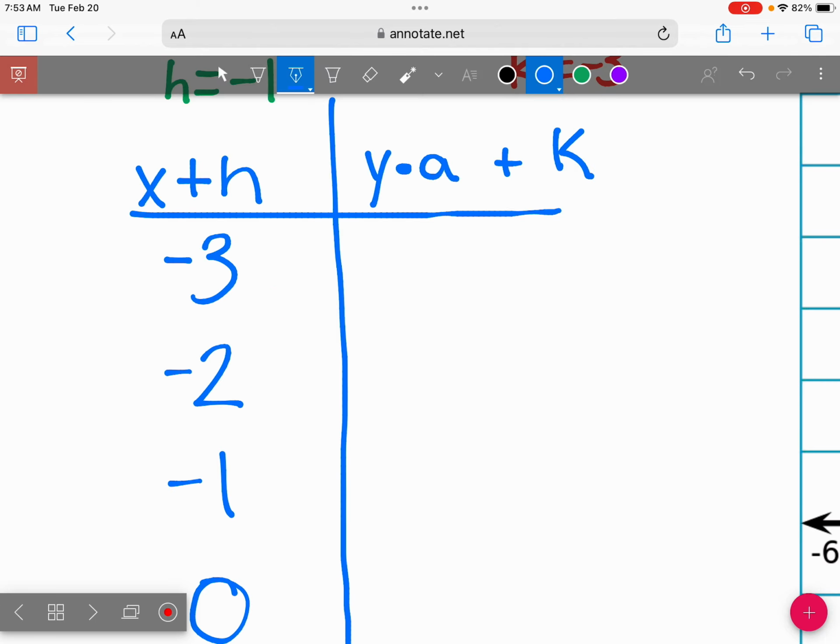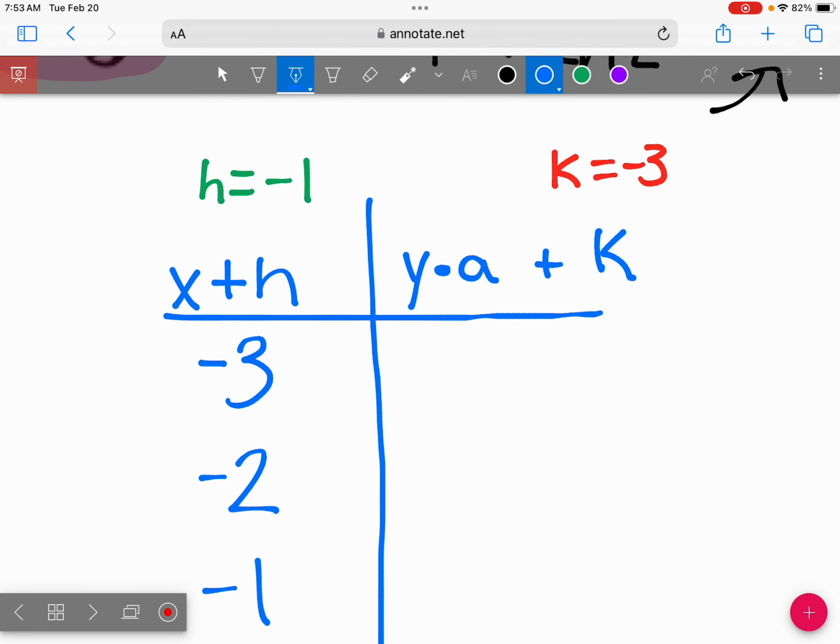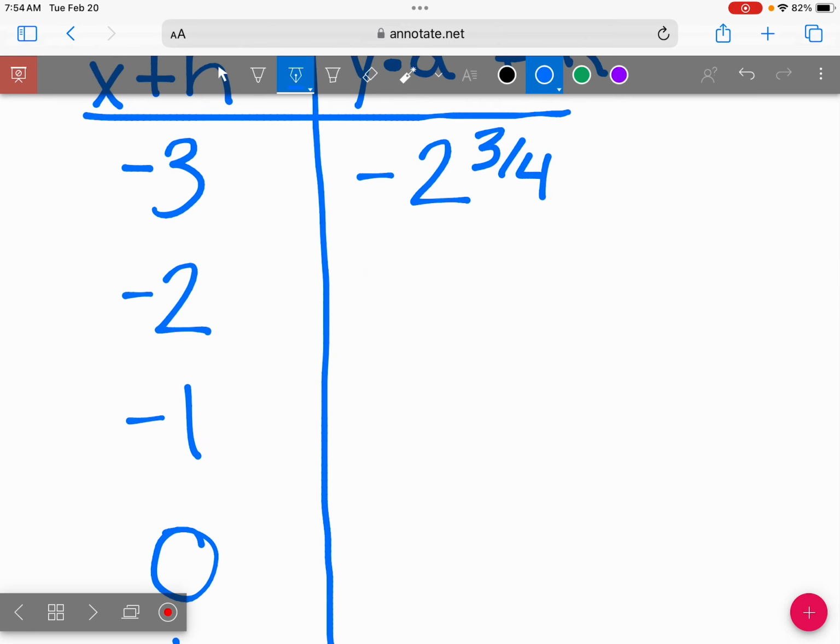We can also use our calculators if we need to when we have 1/4 minus 3. We get -2 3/4. Or -2.75. I do not care if you use fractions or decimals. I do recommend mixed numbers as opposed to an improper fraction.